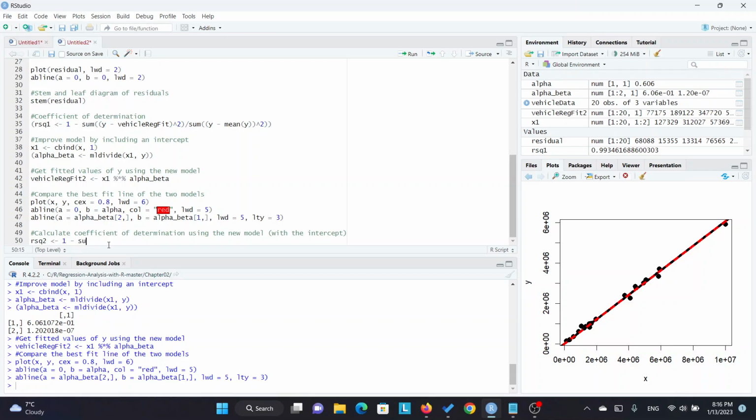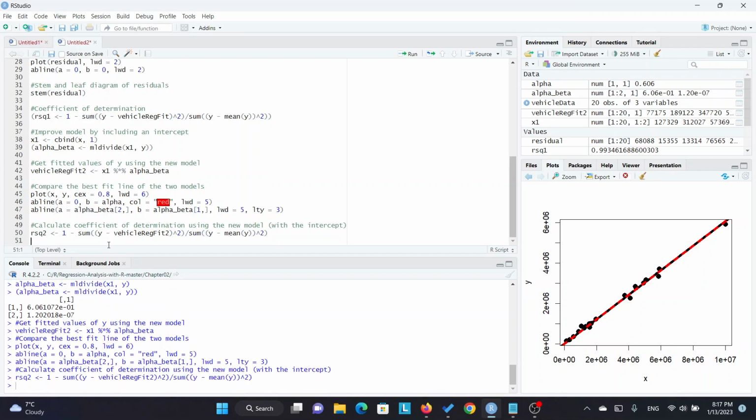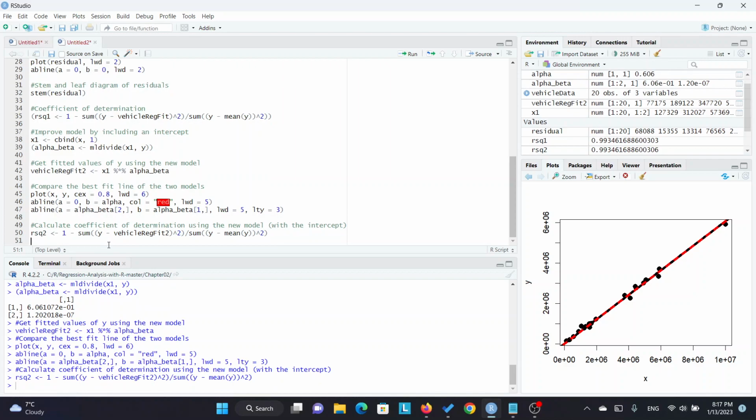It's going to be 1 minus the sum of vehicle regfit2, which uses our new model, squared, divided by the sum of y minus mean of y, squared. If we run that, we'll get a value.